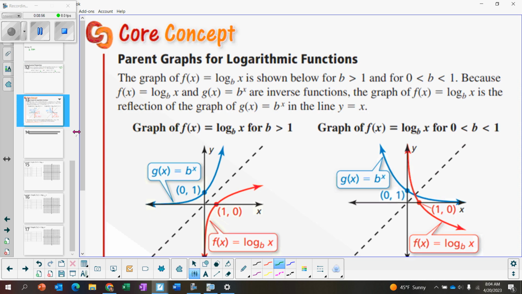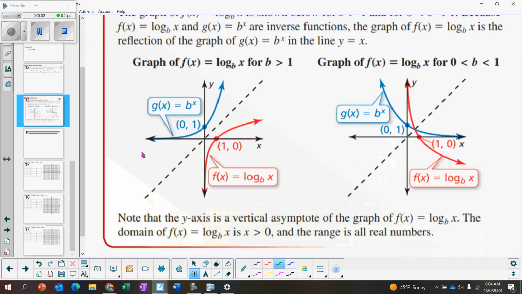So we're going to use this to help us graph logarithmic functions. Since the inverse is always a reflection in the line y equals x, and we change the x and y values, they get swapped, then what I can do is figure out the points for the inverse function, the exponential function, and then reverse them to graph for the log function.